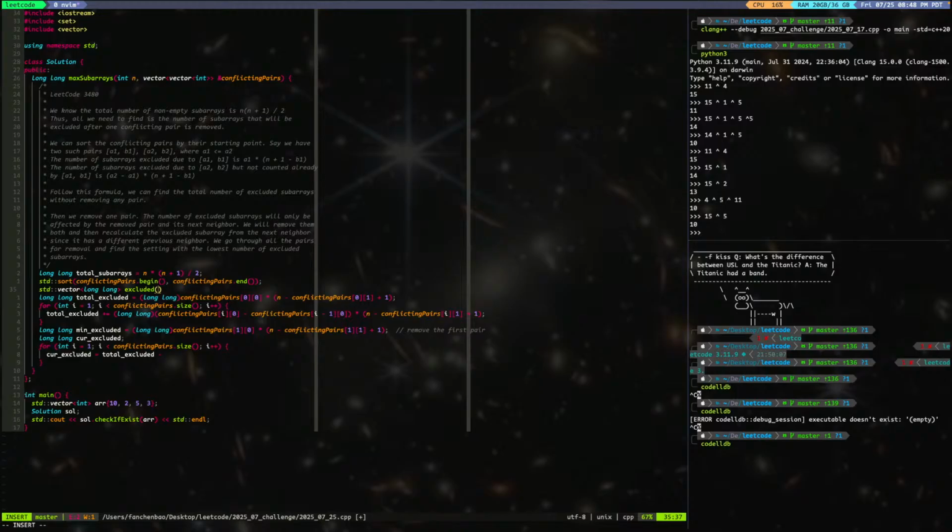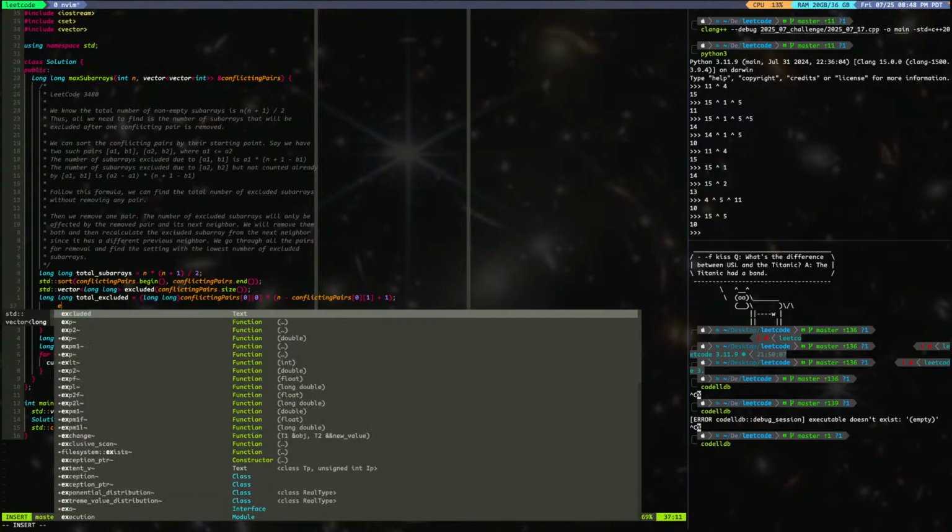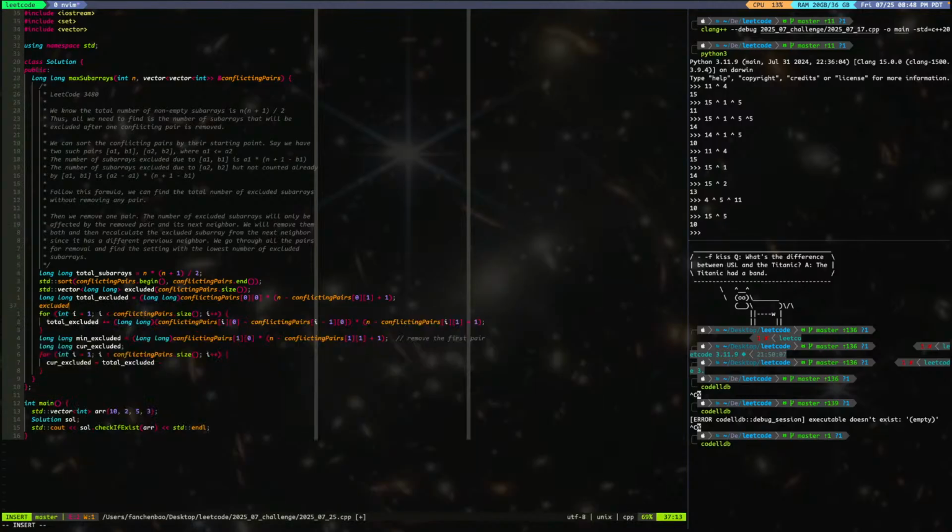What's the size? The size should be conflicting pairs dot size. That's the size. And then I have long long excluded, with excluded 0 equal to total excluded.